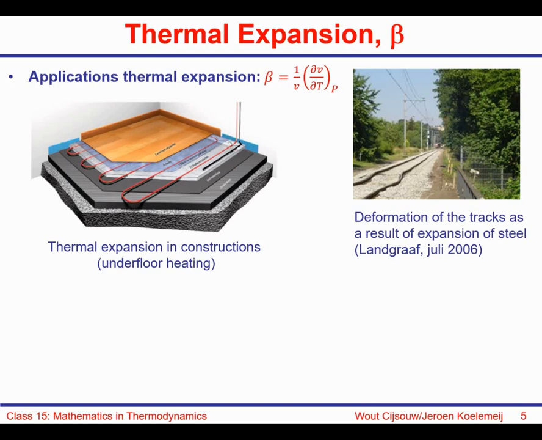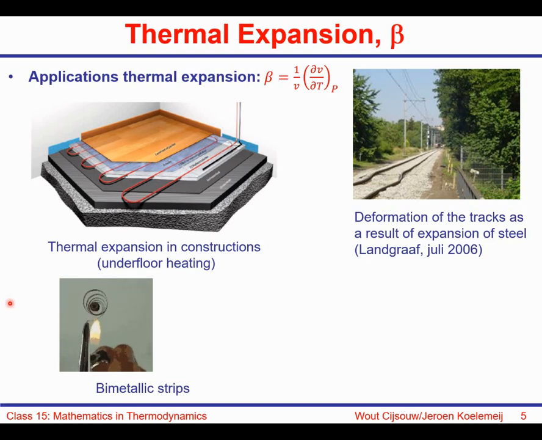What else can you do with thermal expansion? Well, maybe you've seen bimetallic strips, which are two layers of different metals with different expansion coefficients. If you heat these, they will start to coil up, like you see in this animated GIF. So it's a way to convert thermal energy into mechanical energy or into motion.